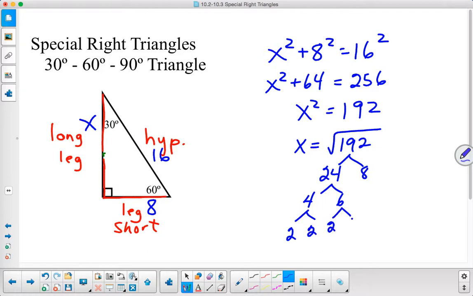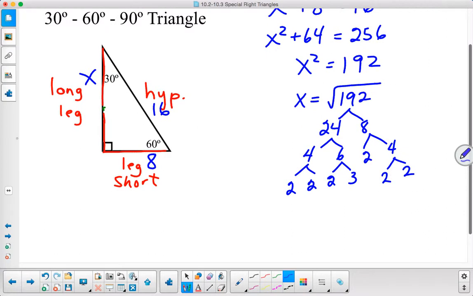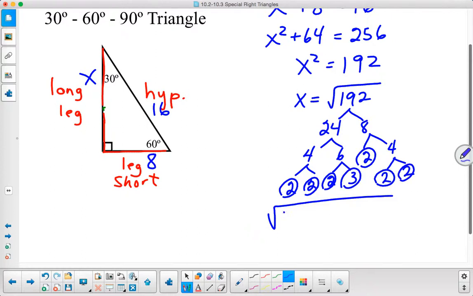I have room for it. Okay, let me scroll it up a little bit. 1, 2, 3, 4, 5, 6 2s and a 3.